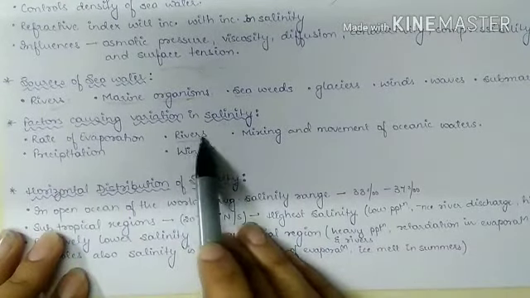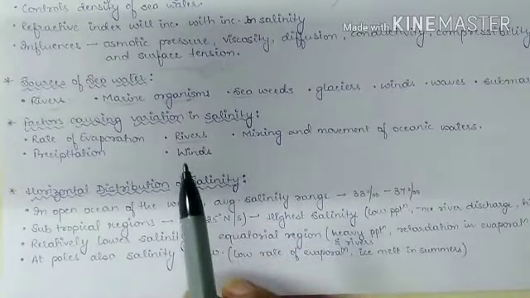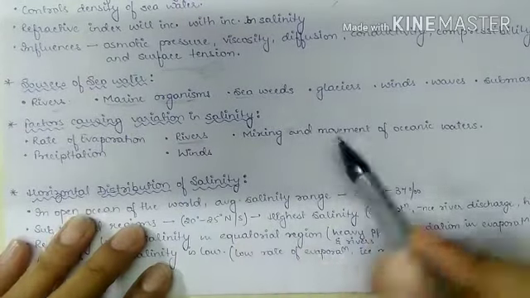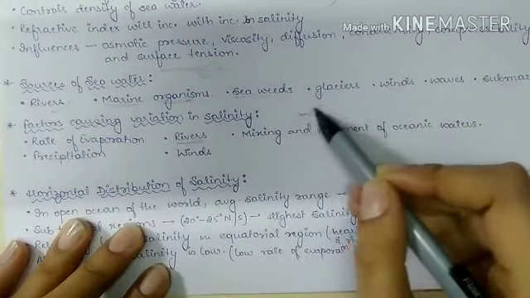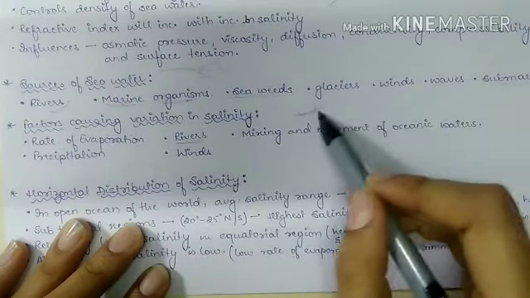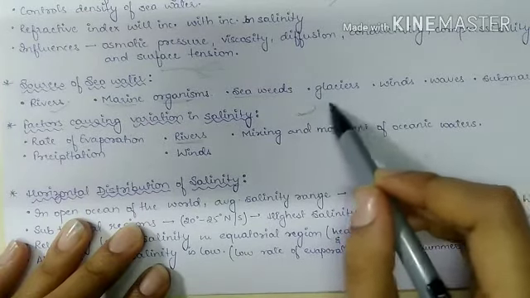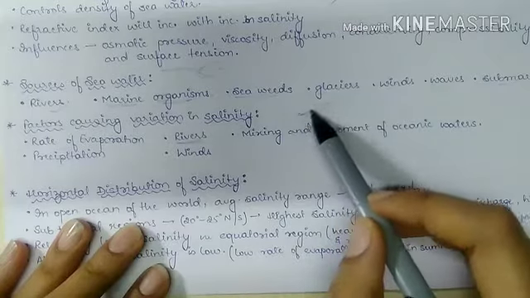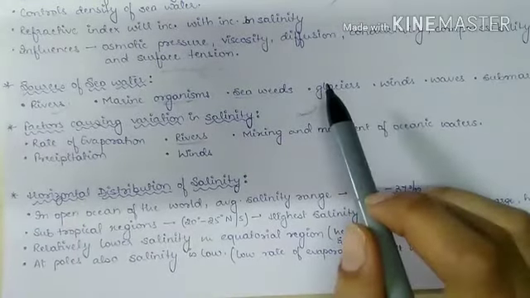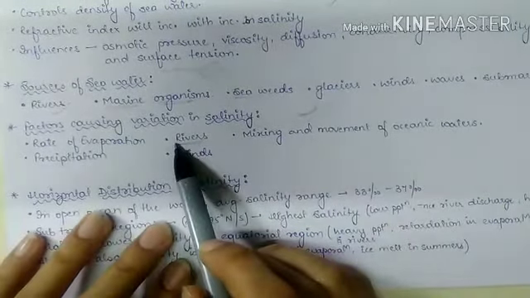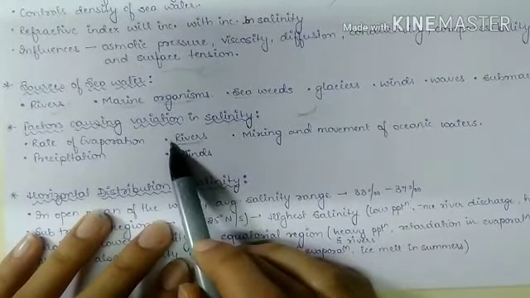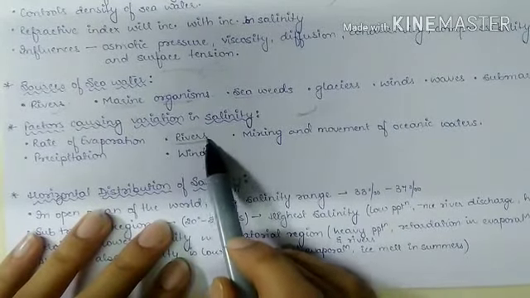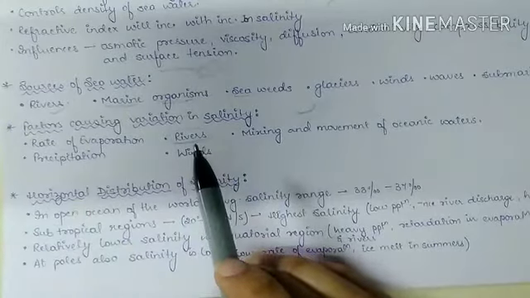And the rivers bring fresh water with them, and the area near the river will have comparatively less salinity as compared to other areas. This is how the river brings fresh water and decreases the salinity of the area.